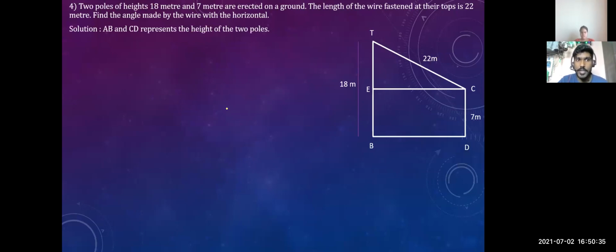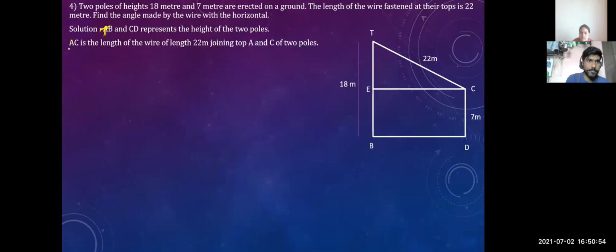So I want you to rewrite it. See, solution: TB and CD represent the height of the two poles, and TC is the length of the wire of length 22 meters joining the top T and C of the two poles.